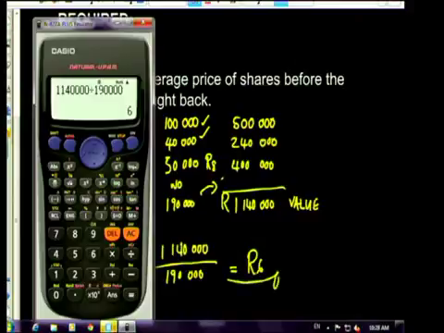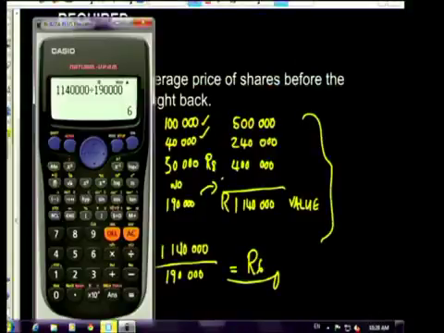That, grade 12s, is the average issue price of my shares. So what is it that we have to remember? Take the Rand value divided by the number of shares, and that will give you the average price per share that we have sold. Okay, we've got that. Let's move on.